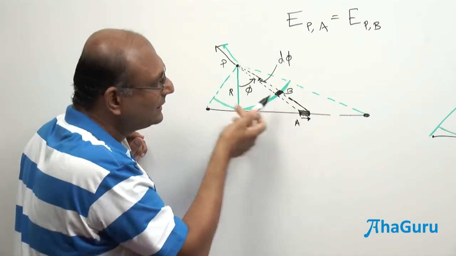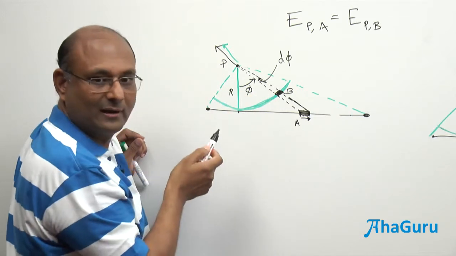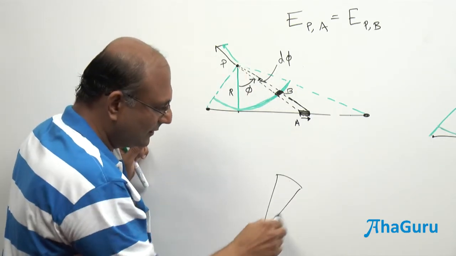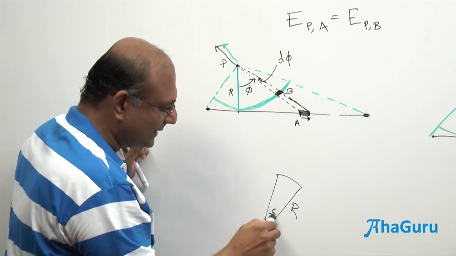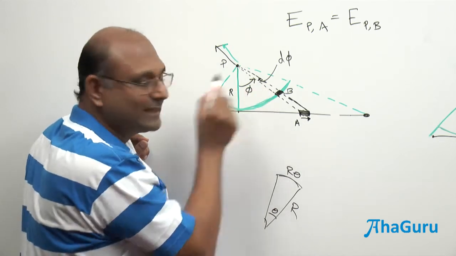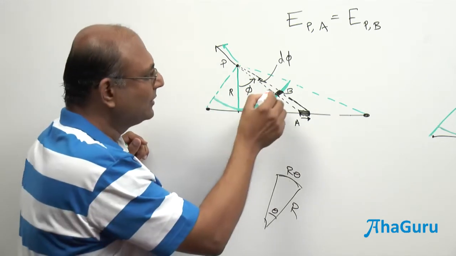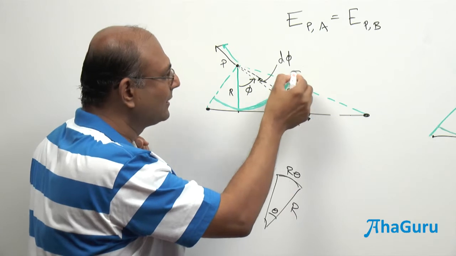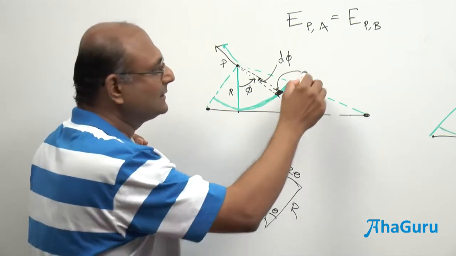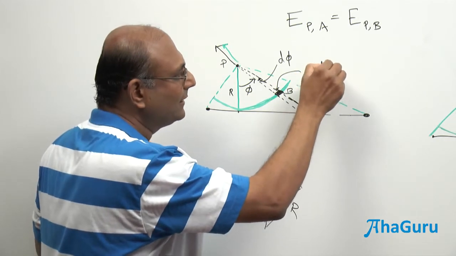So what about this length that I have got? It would be r into d phi. You know that for an arc, if this is r and this angle was theta, this would be r theta, right? Now this is a differential angle, that's all. It's a small angle. So for that it should obviously work, because it works for any angle. So what is this length? It is r d phi.